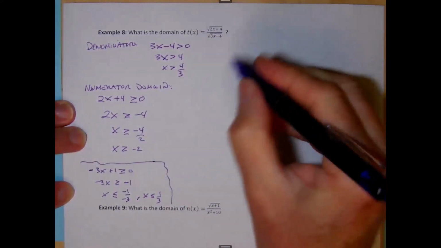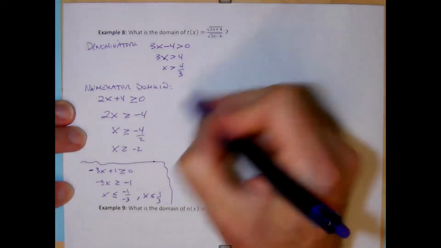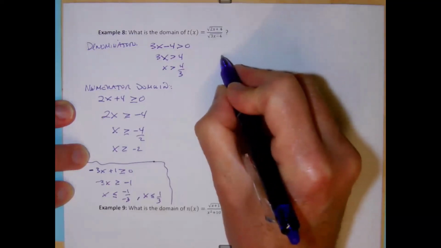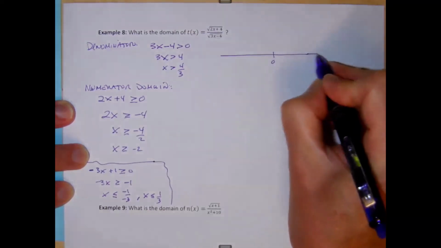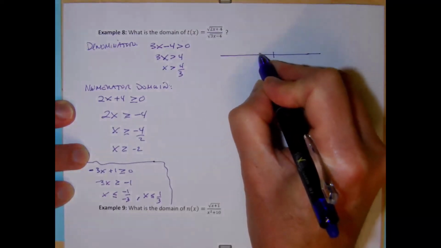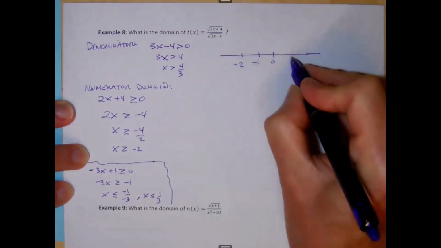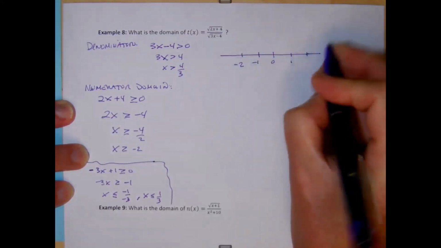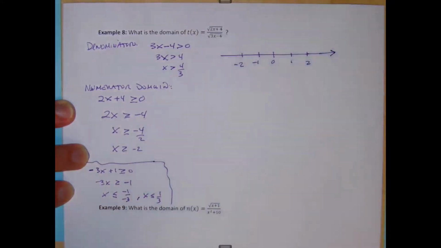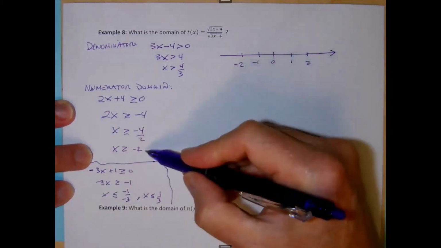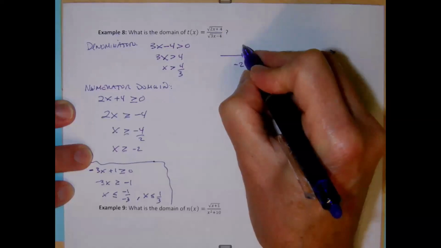All right, we're back to this question. So the denominator has this restriction. The numerator has this restriction. So let's superimpose both of those together. The numerator says it must be greater than or equal to -2.